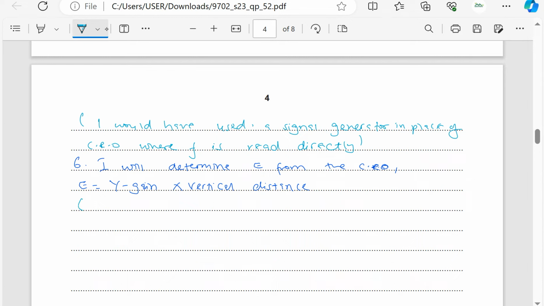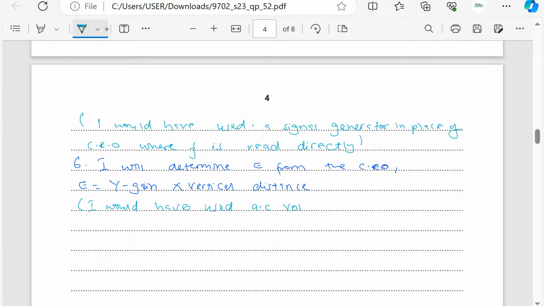I have also mentioned in my skeleton when I was planning this that you could use an AC voltmeter in place of the CRO. So I'll write it here. I would have used an AC voltmeter.